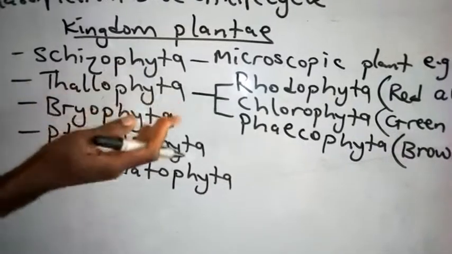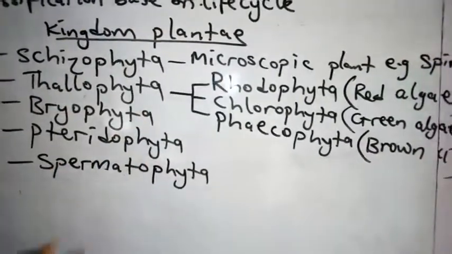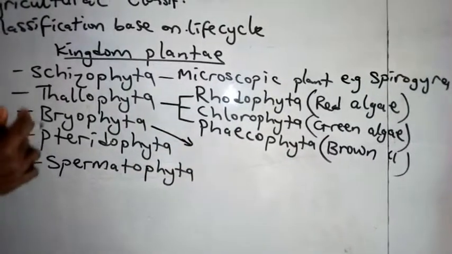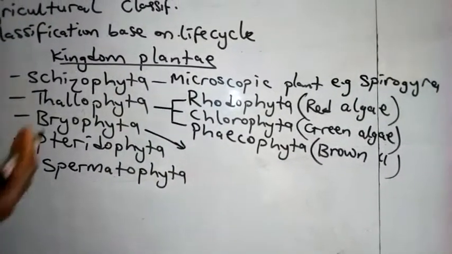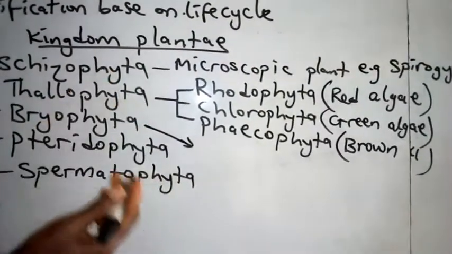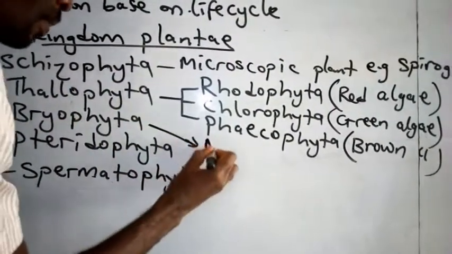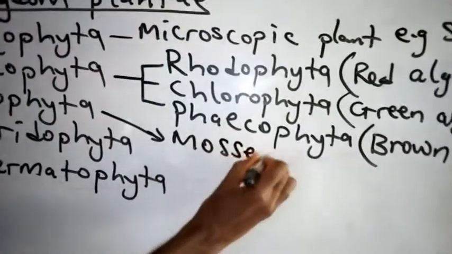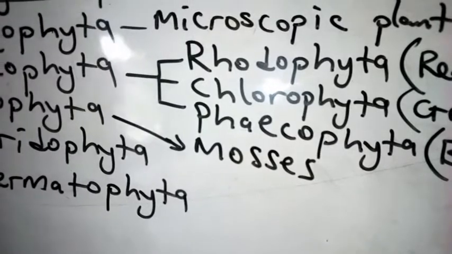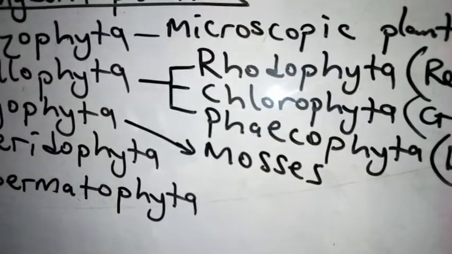We have the thallophyta that makes up the algae. Then we have the bryophyta. Bryophyta are not microscopic because you can see them. They are mainly multicellular organisms. An example of this is our mosses that grow in moist environments, mostly on dilapidated buildings and fences.